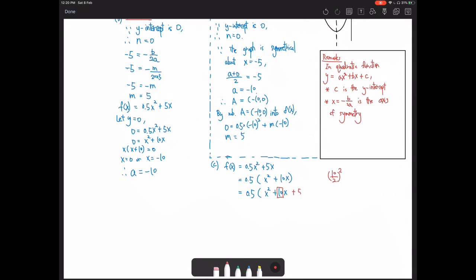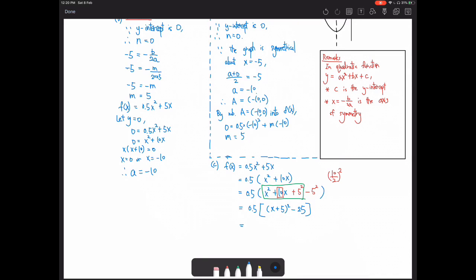So you add 5 squared and minus 5 squared. Then these three terms can form a perfect square. So we have (x plus 5) squared minus 25.